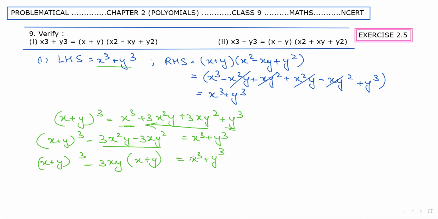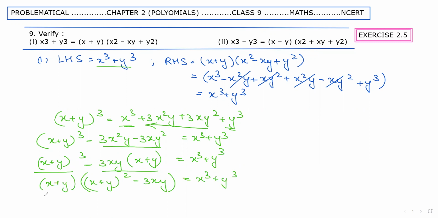Now here on the left hand side, you have two terms, first term and second. Out of these two terms, x plus y is common. So you can take x plus y common outside. From the first term, you're left with (x plus y) whole square, minus 3xy from the second term, bracket closed, is equal to x cube plus y cube.